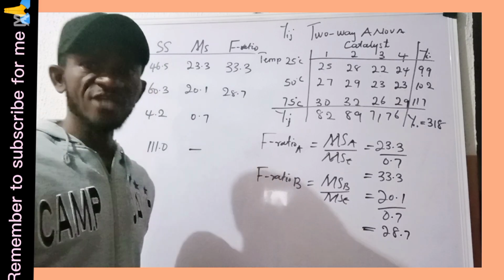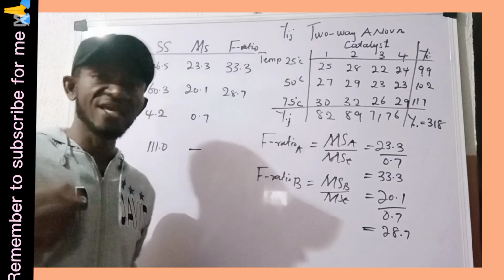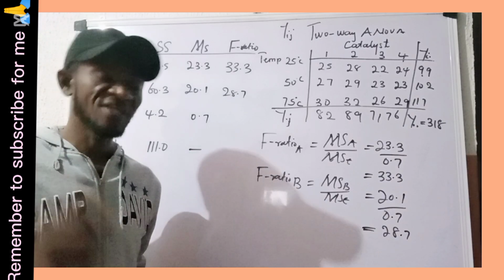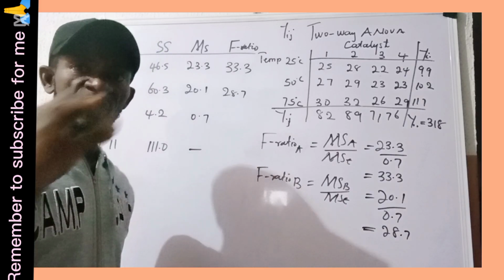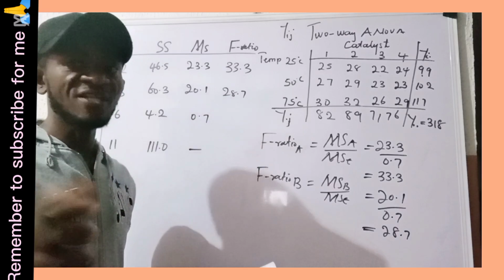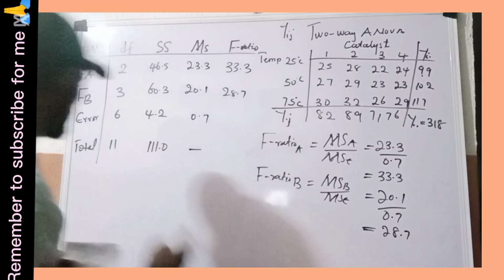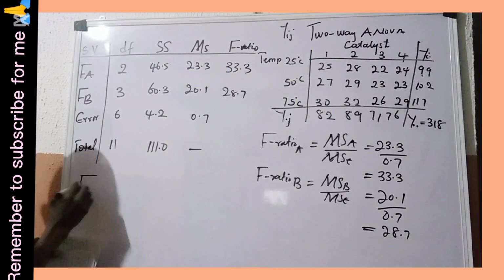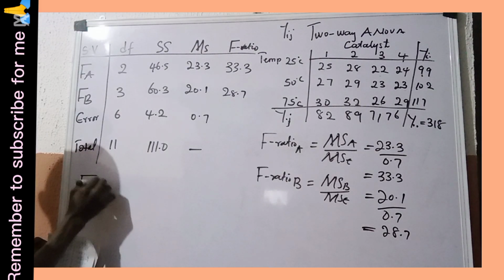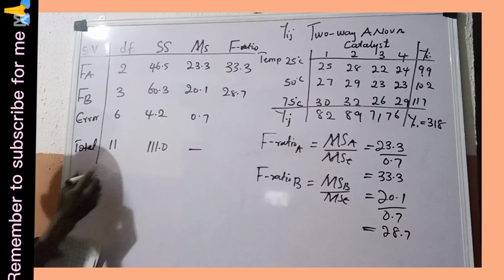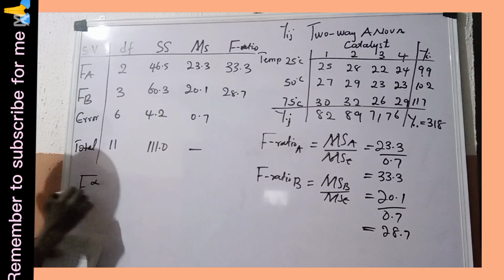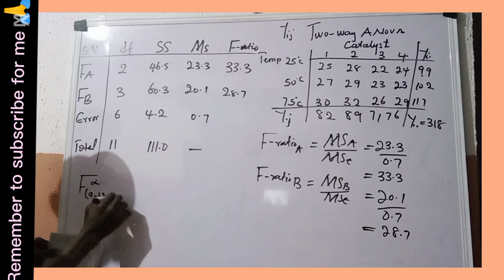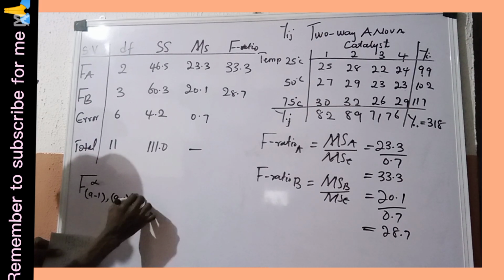What are we going to do next? What we are going to do next is to go and get the value of F tabulated from the table. Remember that for factor A, our F tabulated is gotten like this: F of alpha, A minus 1, comma, A minus 1 into B minus 1.